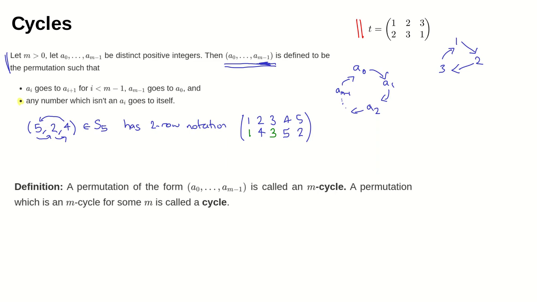Let's make one more observation before I move on, which is I had to tell you that this cycle (5, 2, 4) was an element of S5, because if you just look at this cycle on its own, you can't tell whether this is supposed to be a cycle in S5 like this, or a cycle in S6 whose two-row notation would be exactly the same, except it would also have 6 going to 6, or it could be in S7 or S8 or S9 and so on.